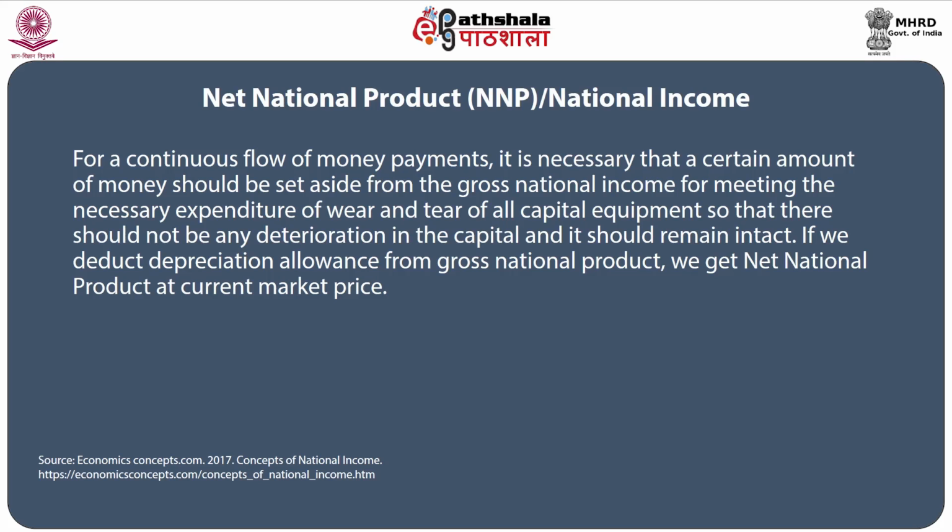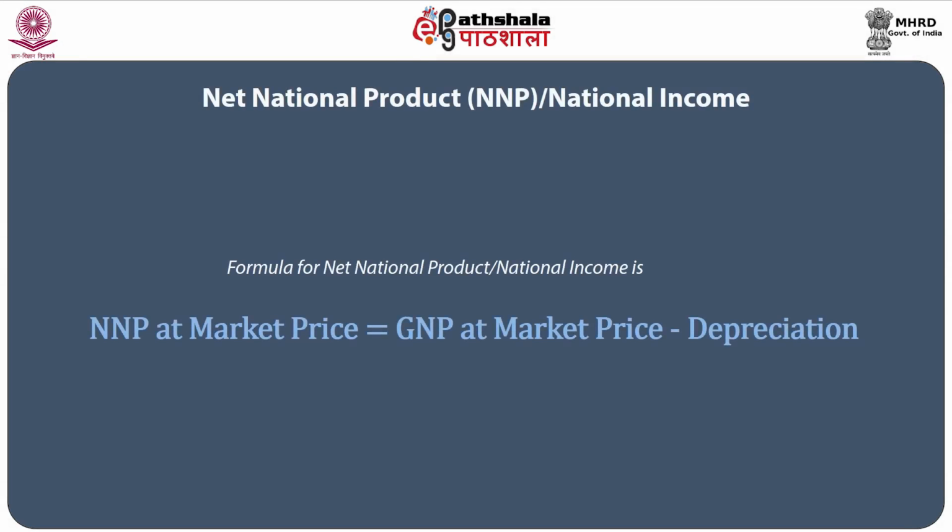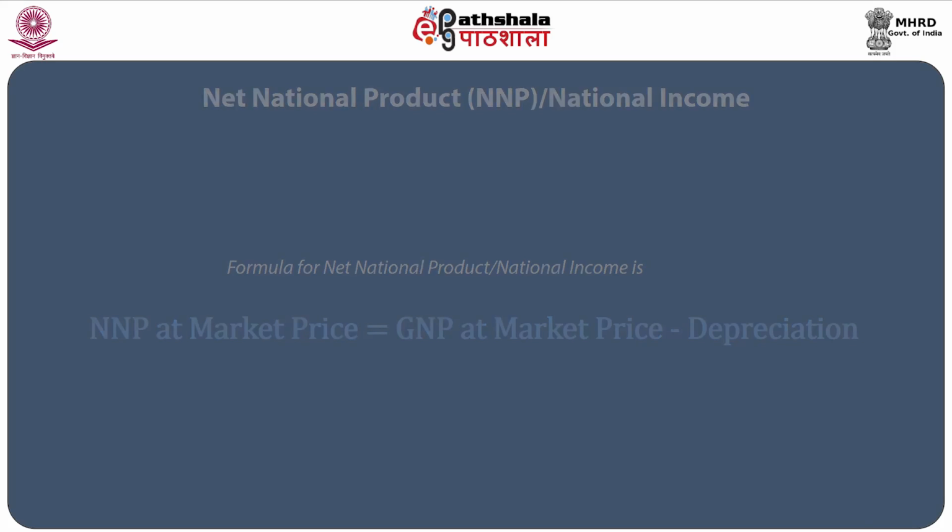If we deduct the depreciation allowance from gross national product, we get net national product at current market price. The formula for net national product or national income, NNP at market price, is equal to GNP at market price minus depreciation.